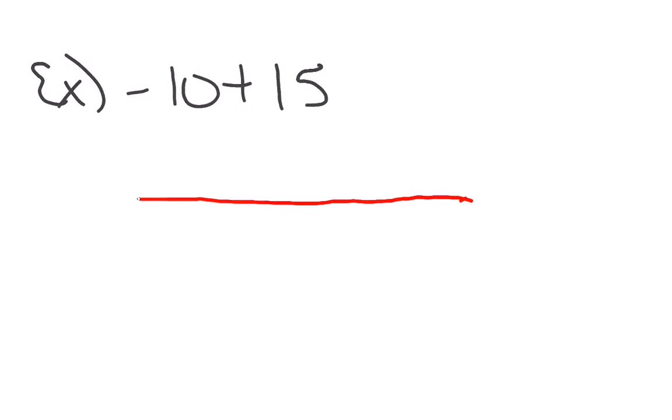First example is negative 10 plus 15. Some people like to use a number line to be able to figure this out. You're more than welcome to draw a number line.